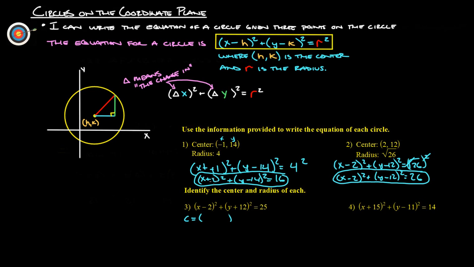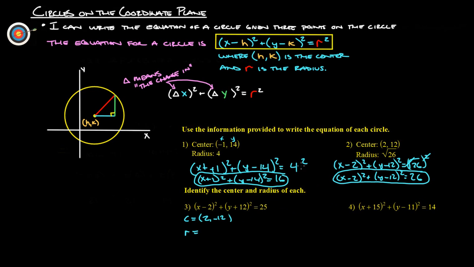Opposite of 1 is negative 1. Opposite of negative 14 is positive 14. For this one, the opposite of negative 2 is 2, and the opposite of positive 12 is negative 12. And then the radius is going to equal this number here.